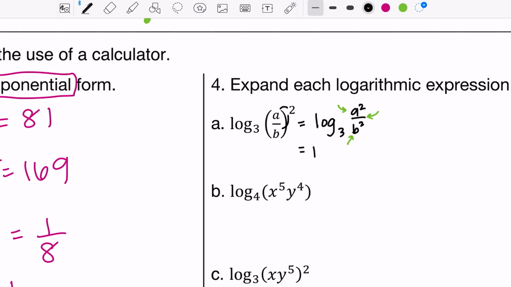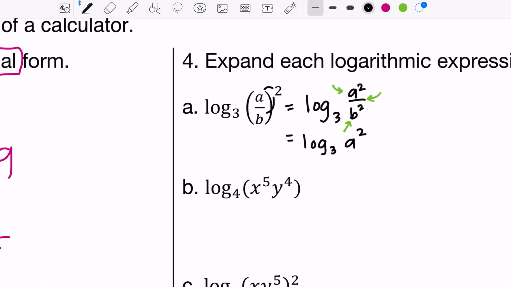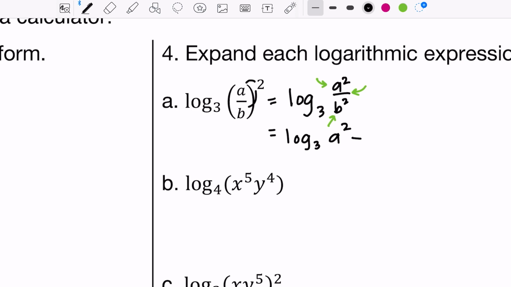So the first step is to write log base 3 of a squared minus, again, that minus is because of that division or that fraction bar. And then we have the bottom one, log base 3 of b squared. So when you expand, every base that you have in the argument needs to get its own logarithm. I have a base a and a base b, so that's why I have 2.